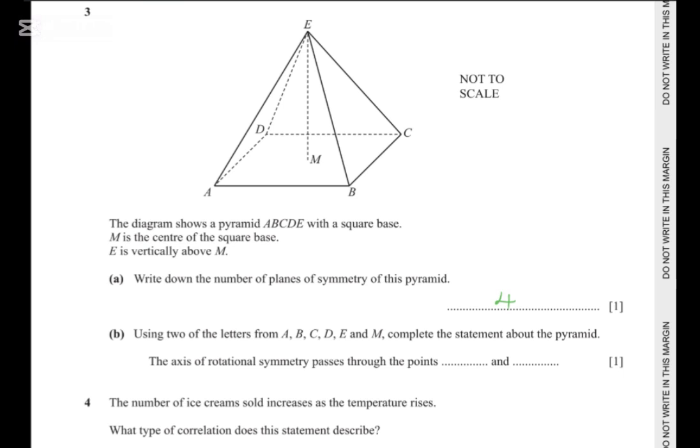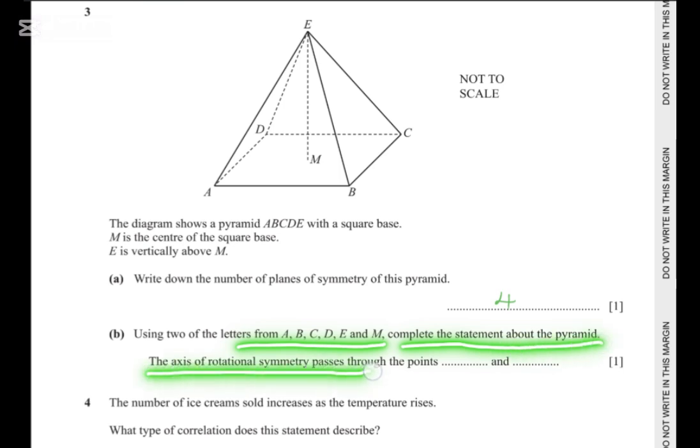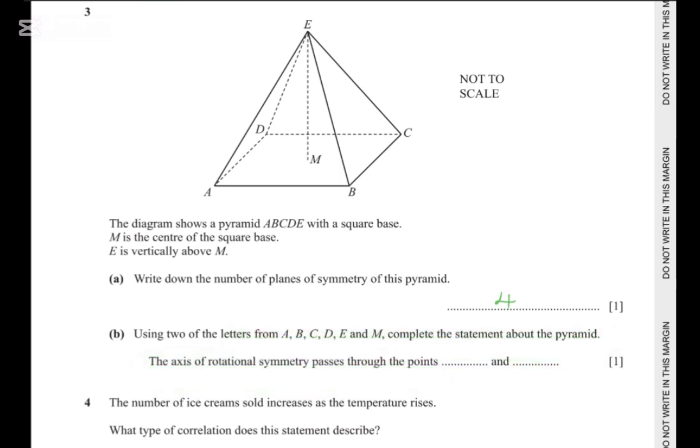Using two of the letters A, B, C, D, E and M, complete the statement about the pyramid. The axis of rotational symmetry passes through points dash and dash. So the axis of rotational symmetry is an axis such that if the shape is rotated about that axis, it looks the same. In whatever direction you rotate, it will be the same.